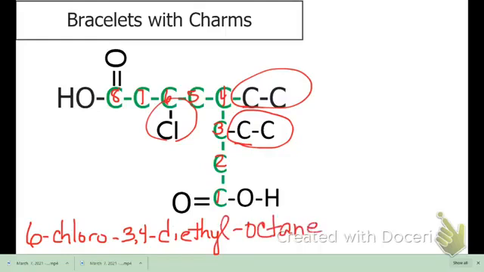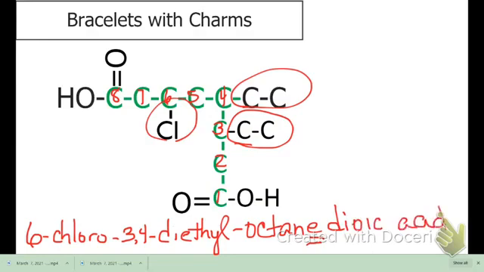There's more than one carboxylic acid. And since I get rid of the E if it's one carboxylic acid, I'm going to leave the E here. There are 2 carboxylic acids, so I'm going to put di. And the ending for carboxylic acid is oic acid.